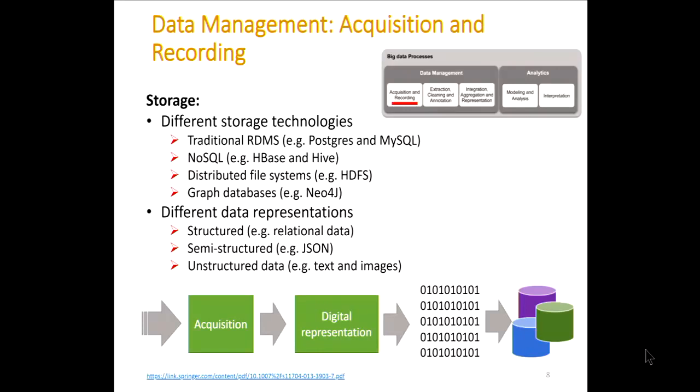Some of these technologies like HBase rely on a distributed file system like HDFS, which is the Hadoop file system.